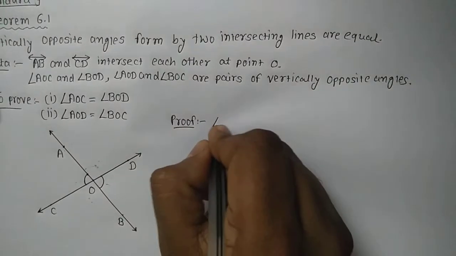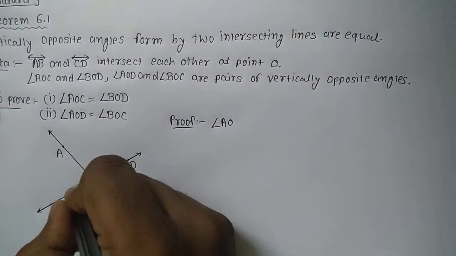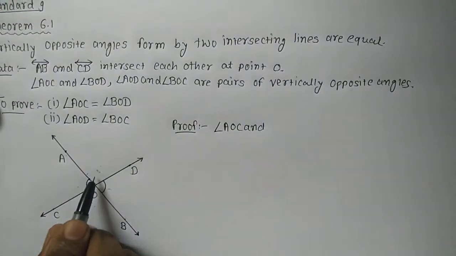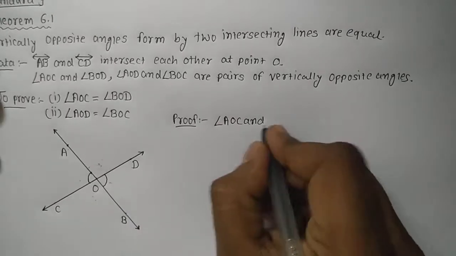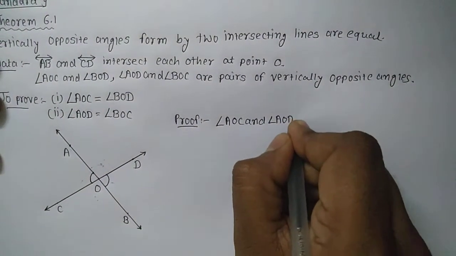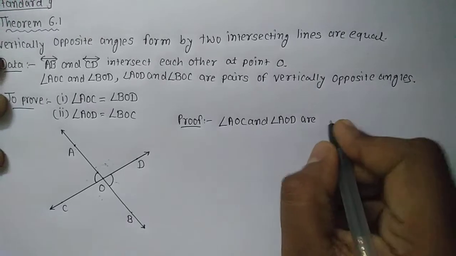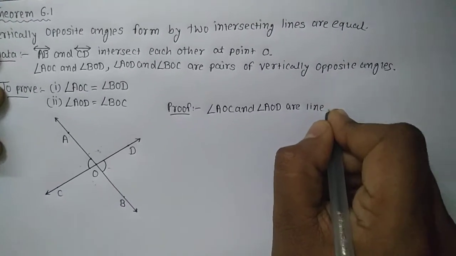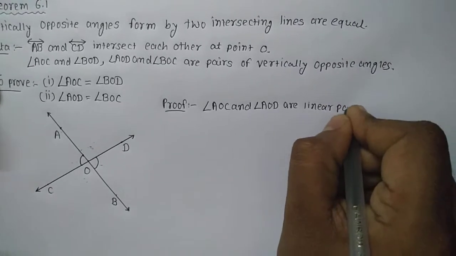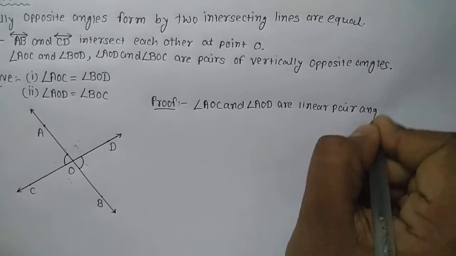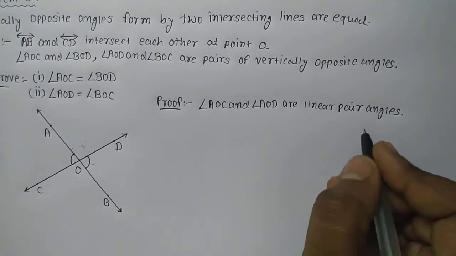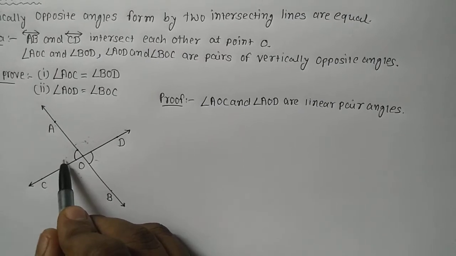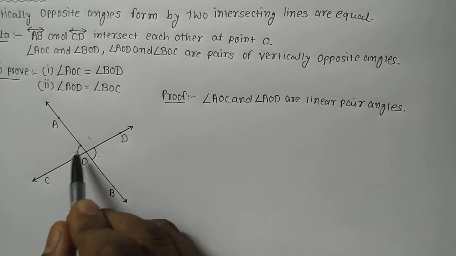So I will write angle AOC, this one, and beside this angle I will take angle AOD. Angle AOC and angle AOD are linear pair angles, or we can say they are making a linear pair. You know that the angles of a linear pair are always supplementary, means the sum total of these two angles would be 180.